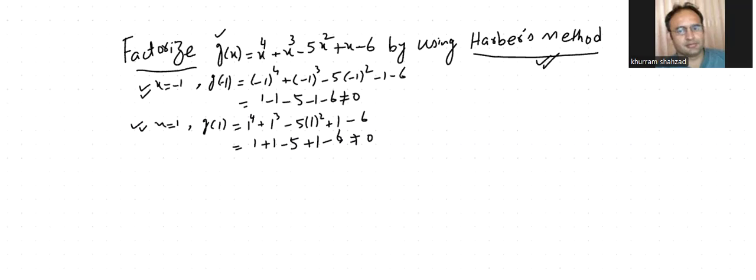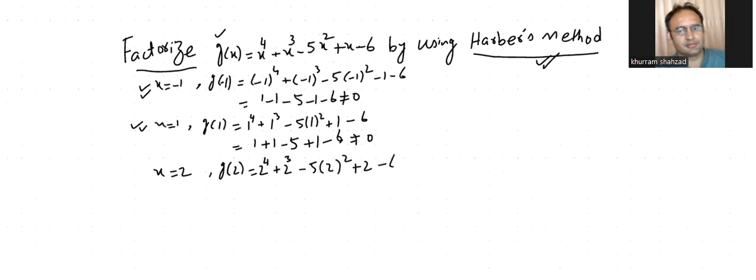So now I have to check for x is equal to 2. So g of 2 is equal to 2 raised to power 4 plus 2 raised to power 3 minus 5 times 2 raised to power 2, then plus 2, minus 6.